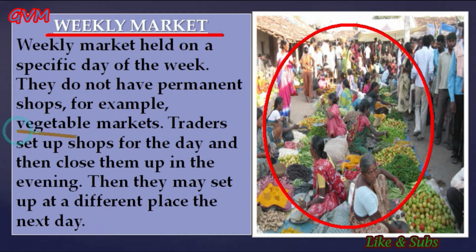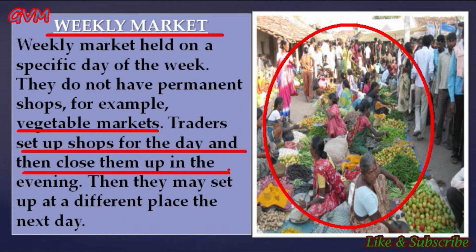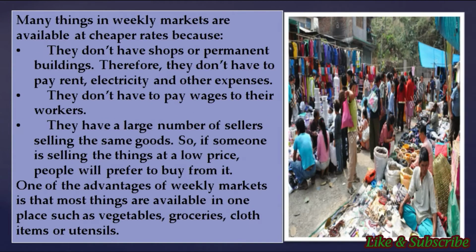For example, vegetable markets are such markets, and in such markets the traders set up shops for the particular day and then close them up in the evening. And students, then the traders may set up their shop at a different place. And students, as compared to the permanent shops, the products in these weekly markets are available at cheaper rates.